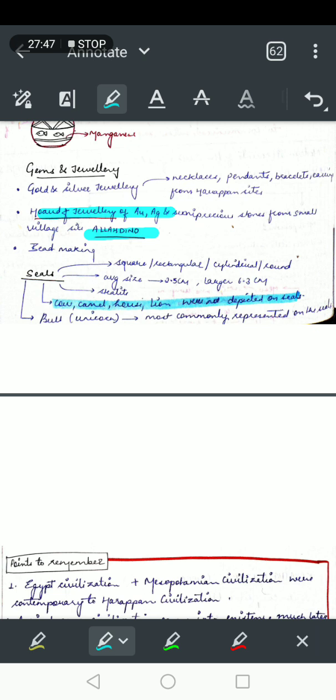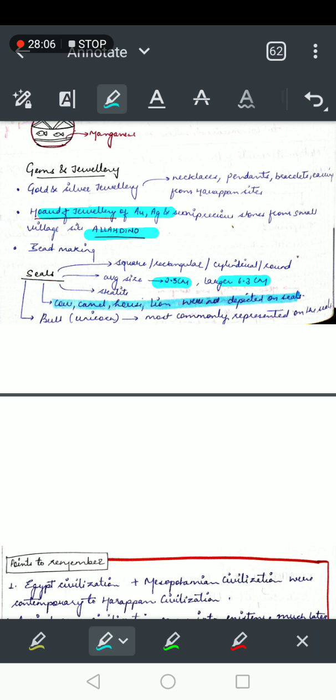Now some facts about the seals. Seals were made of steatite stone, and they came in various shapes like square, rectangular, and cylindrical. The average size was 2.5 centimeters, but the largest one is 6.3 centimeters.